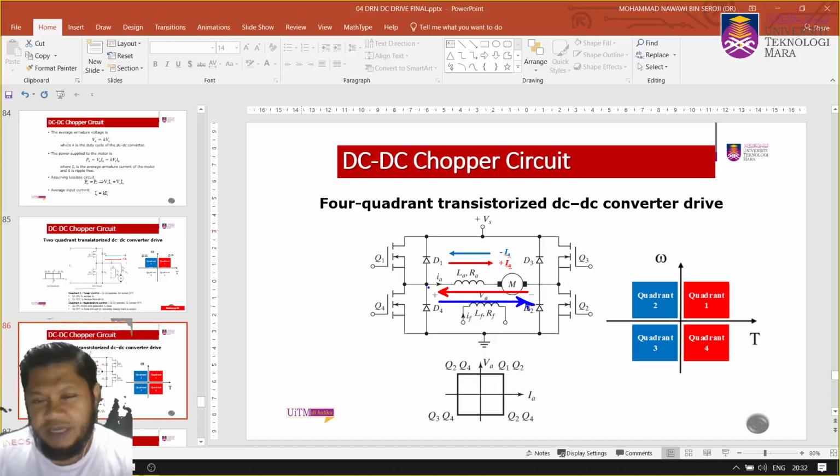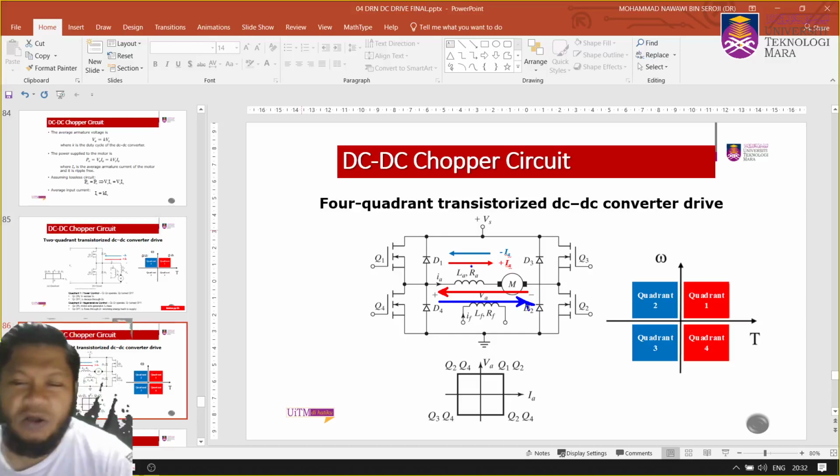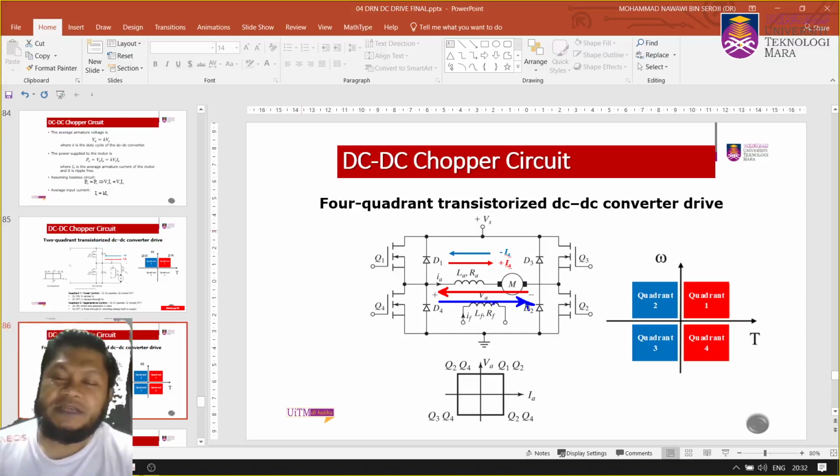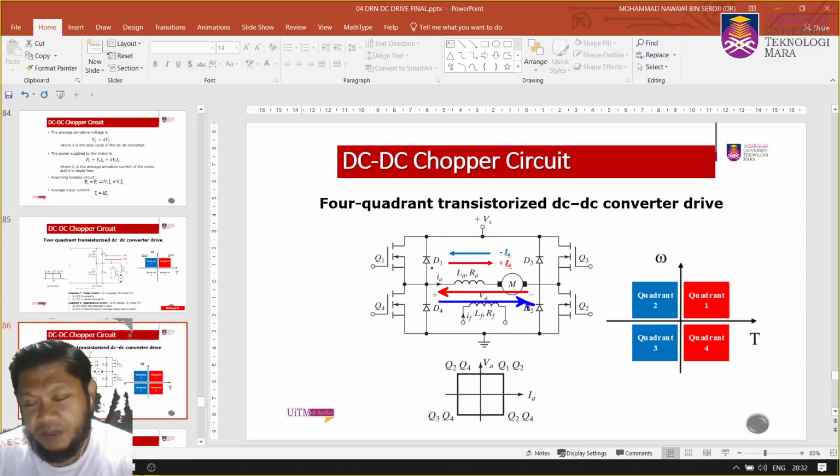Right? So you can instruct all the switches here to work in certain manners so that you can have positive or negative output voltage, and the current can flow in both directions into the motor here. Right? I will explain bit by bit.